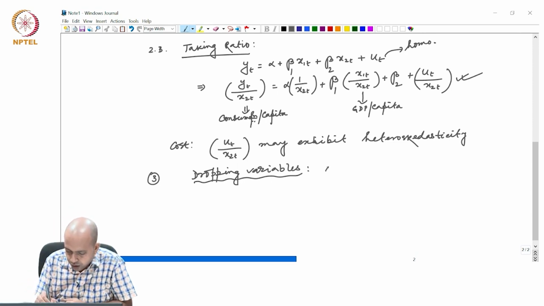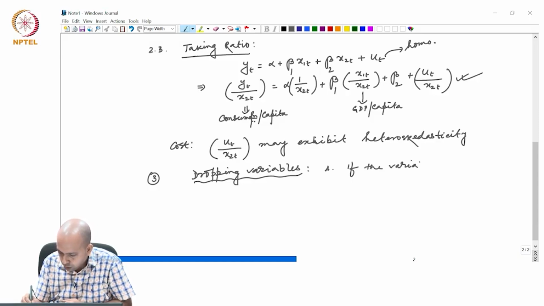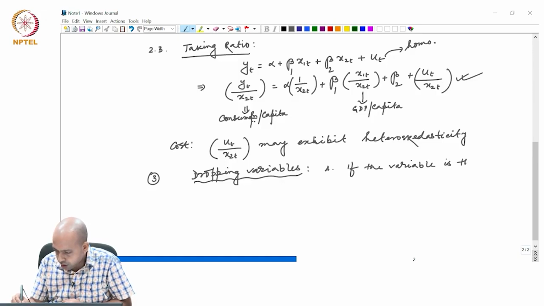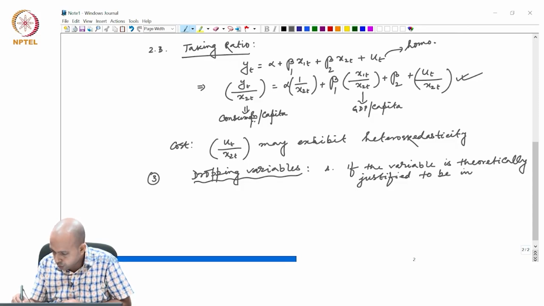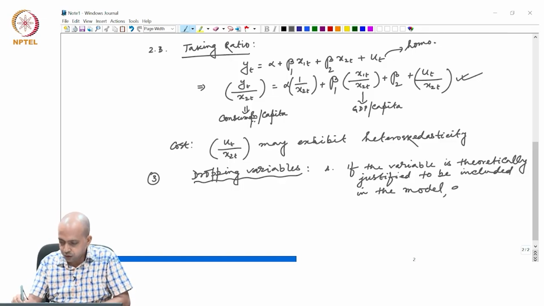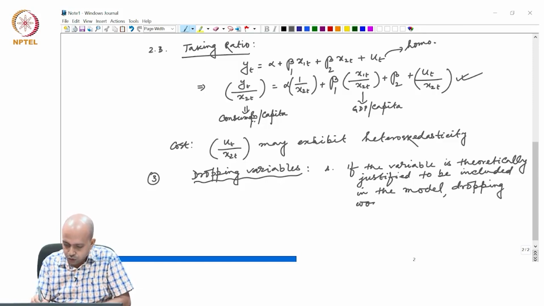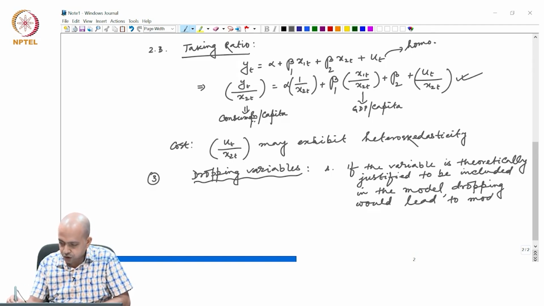The suggestion is, if the variable is theoretically justified to be included in the model, dropping would lead to model misspecification.